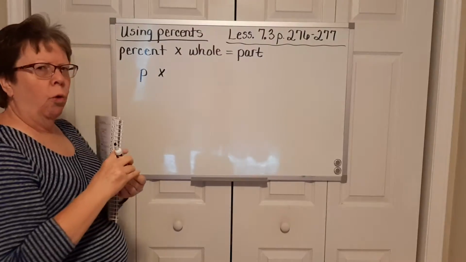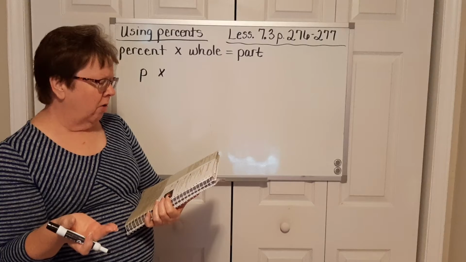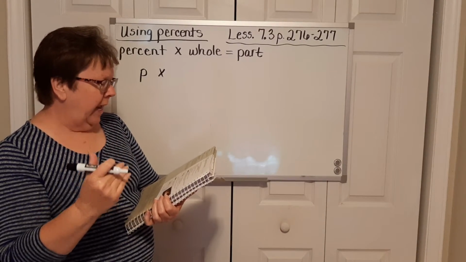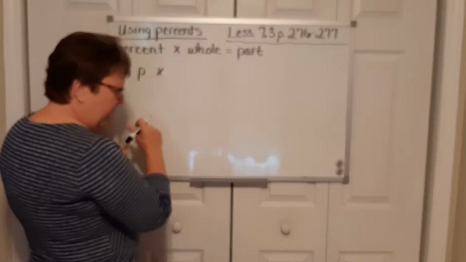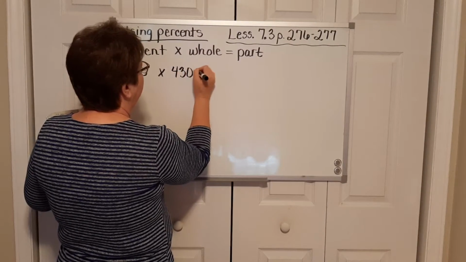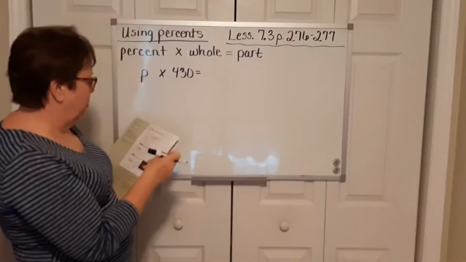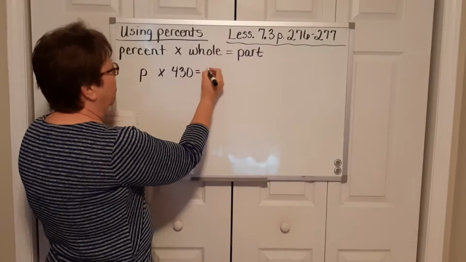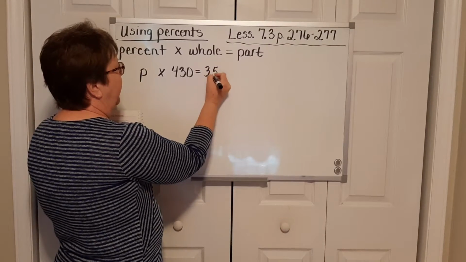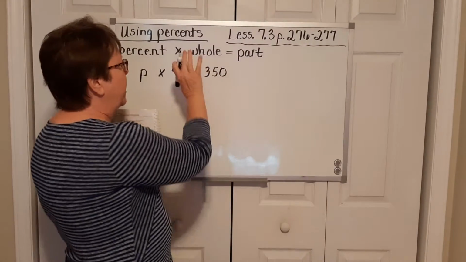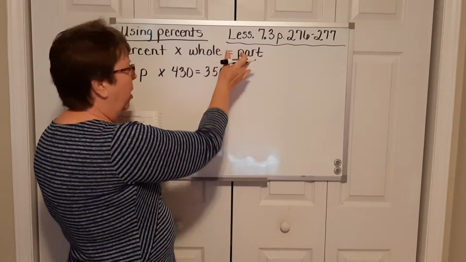Our whole would be how many delegates there were altogether, the 430 delegates. And our part would be the part of the delegates that it tells us, which is 350. Talk yourself through those story problems and it'll be easier to plug in your whole and your part.